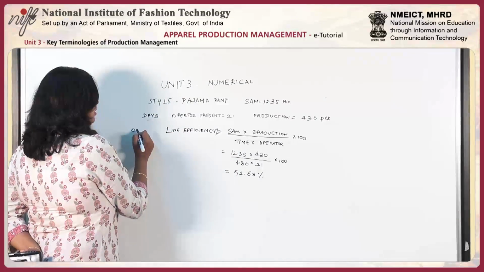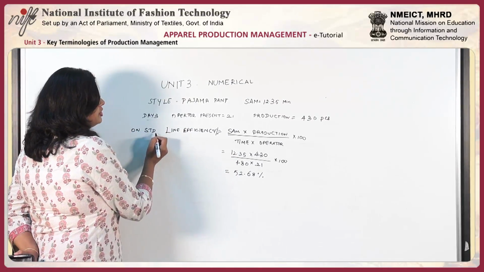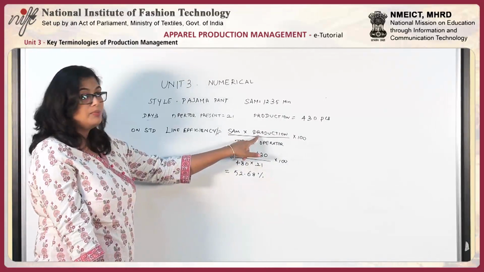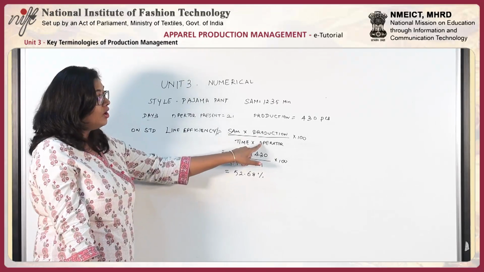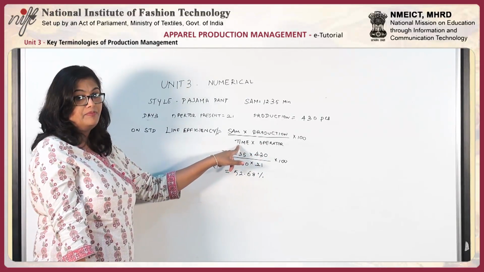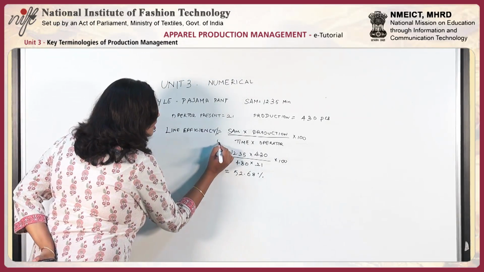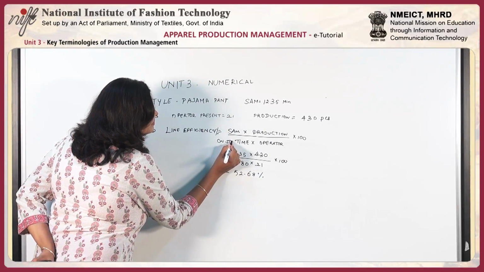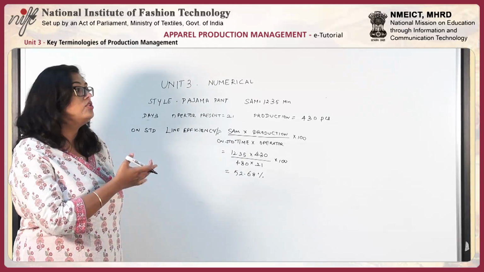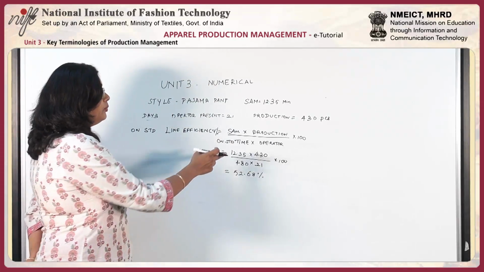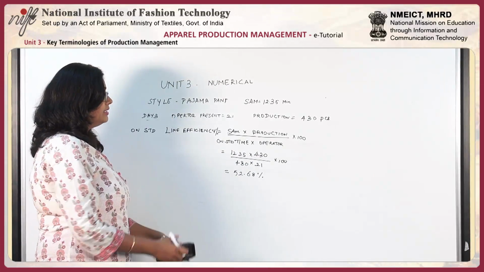On standard line efficiency is the same. We have SAM, we have the production, we have the operators. The time here changes. So, it is on standard time. That's all. There is no other change in the formula for on standard efficiency calculation. We just change the on standard time.